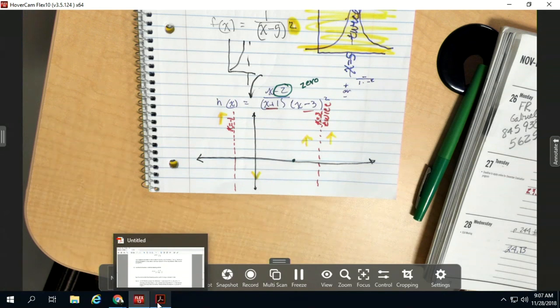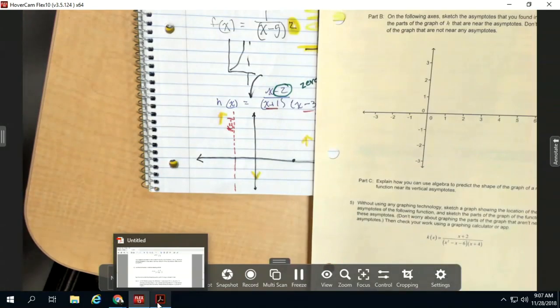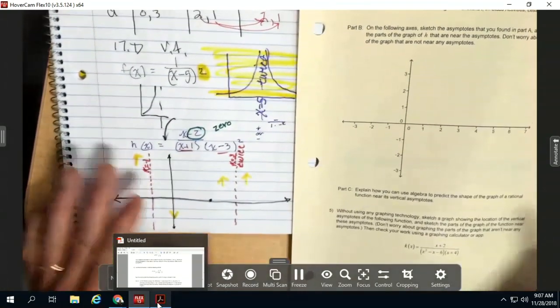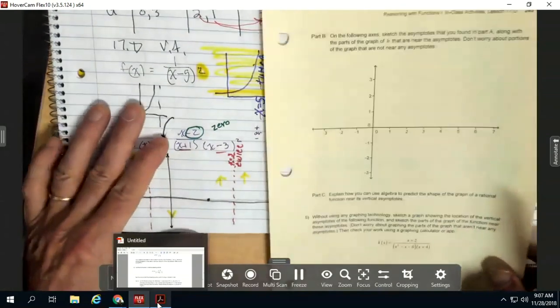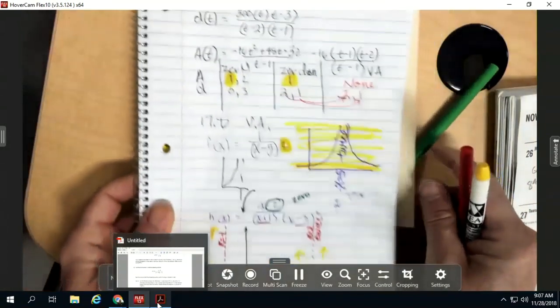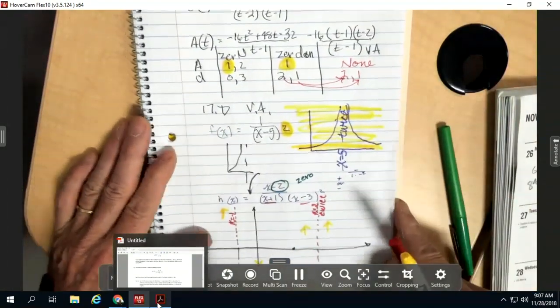Keep talking. I think I'm good now. Page. You don't know where that is? 245, number B. So now they want to take that information and sketch the asymptotes along with the parts of the graph that are near the asymptotes.